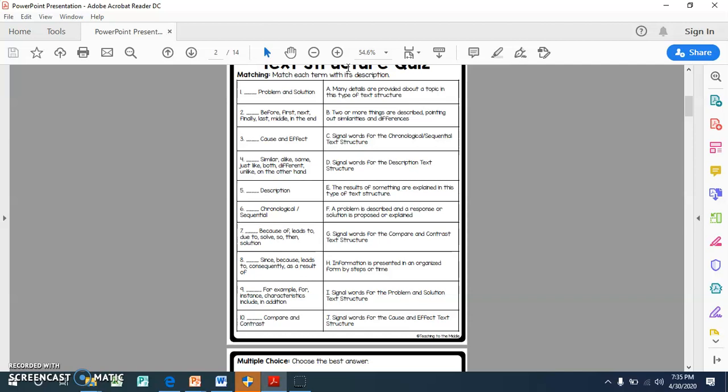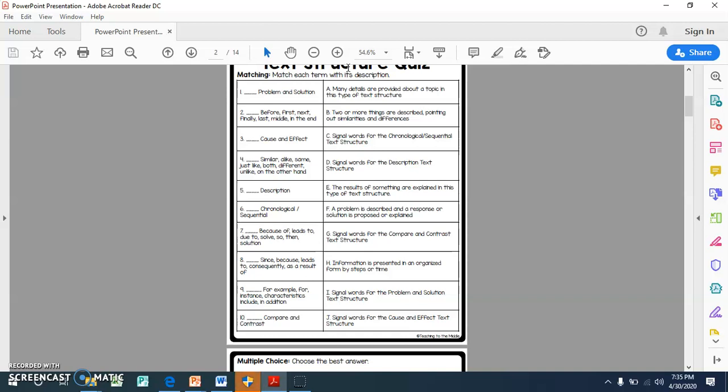Which option in A through J describes that? And number 5, description. Which one of those options on the right describes a description text structure? And 6, chronological or sequential. Which one of the options in the second column or the column on the right describes that?